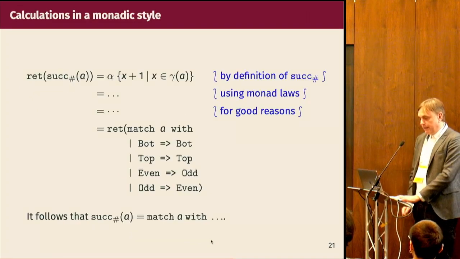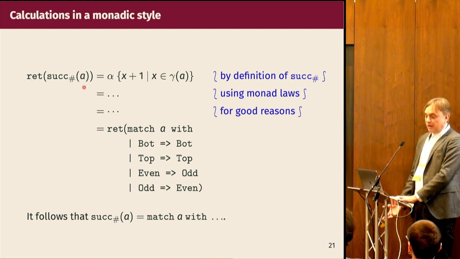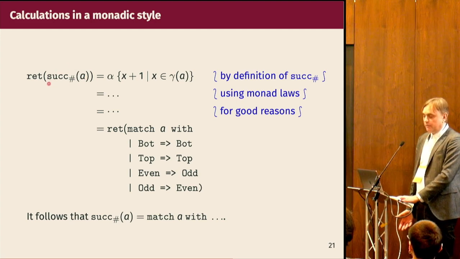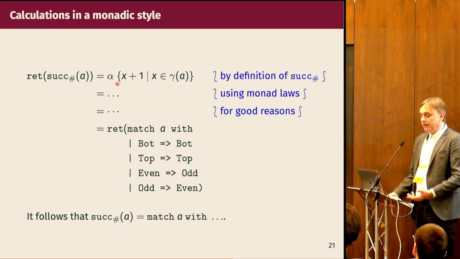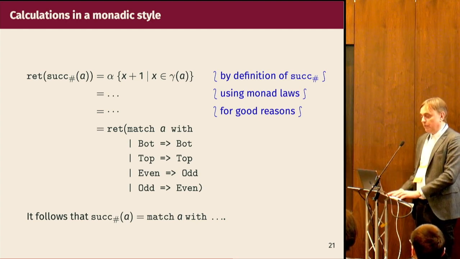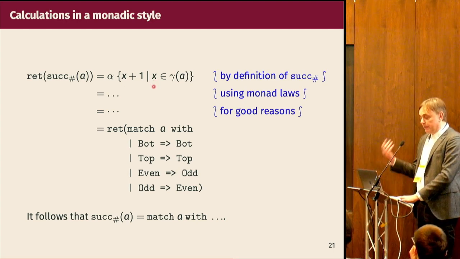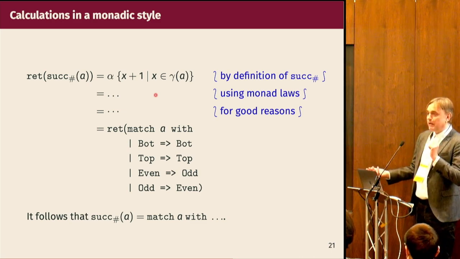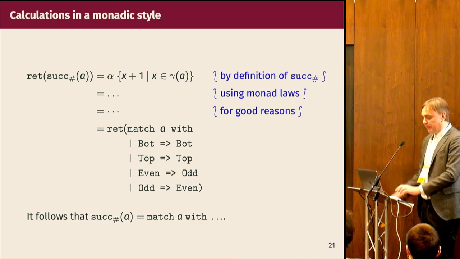And for that, you just write this. So ret of sub sharp of alpha of A. So this must be a pure value, right? And ret turns it into monadic computation. And to the left, you have the equation involving alpha, which is in the monadic world. And then you calculate, and you can even use monad laws if you want, in addition to everything else.